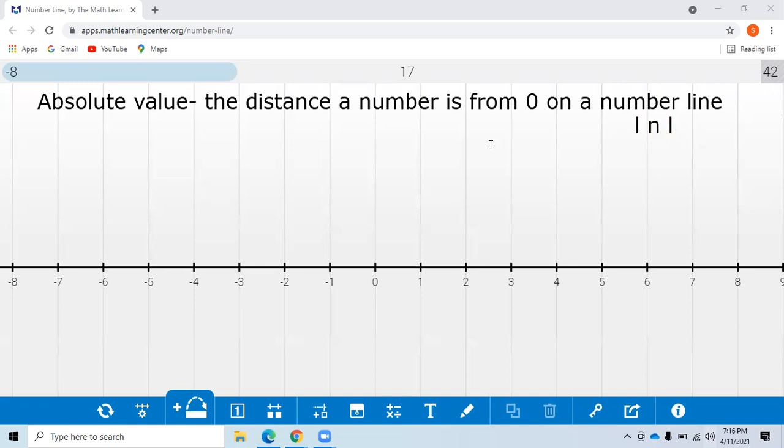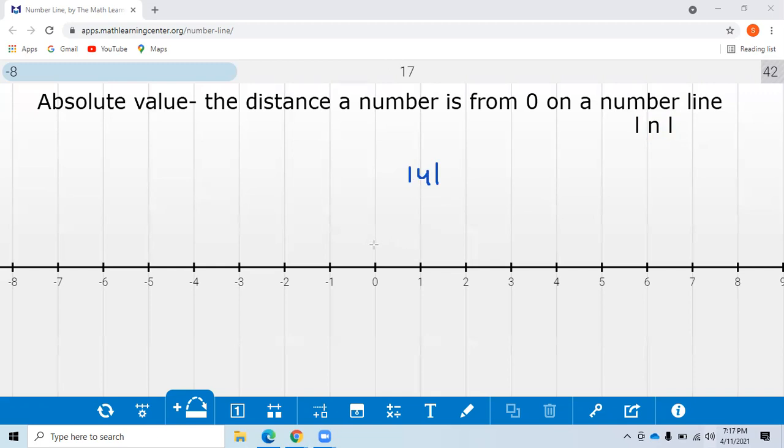Looking at a number line, let's find the absolute value of 4. If we look for the absolute value of 4, we can see our 4 is here. How far is 4 from 0?